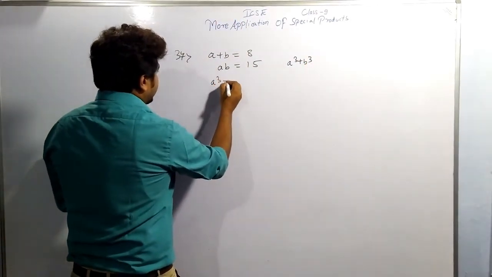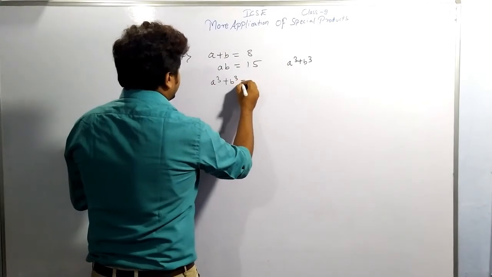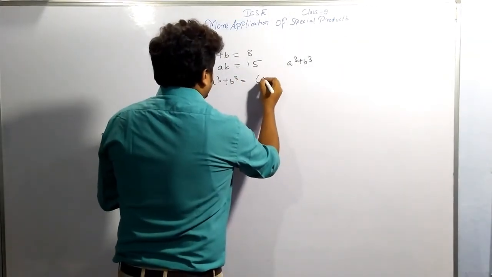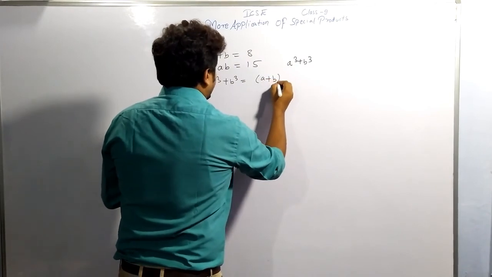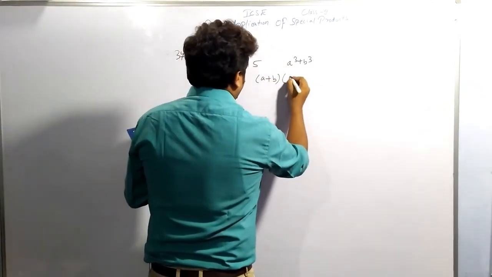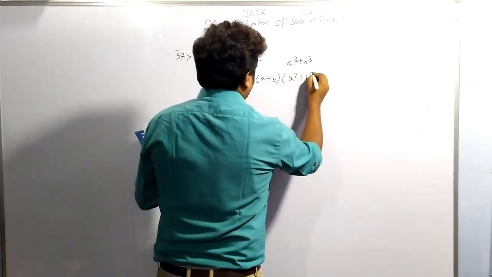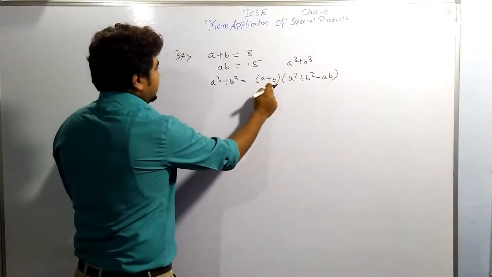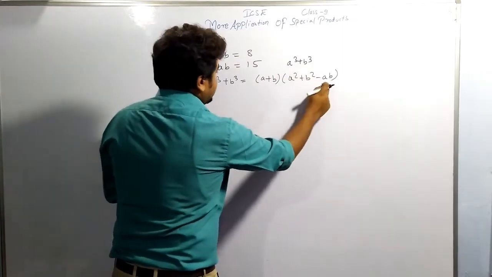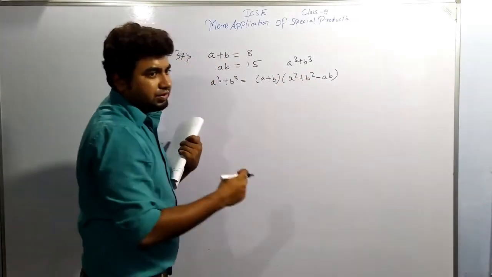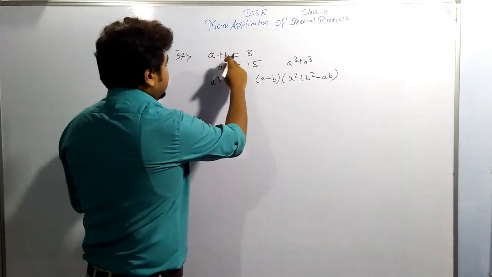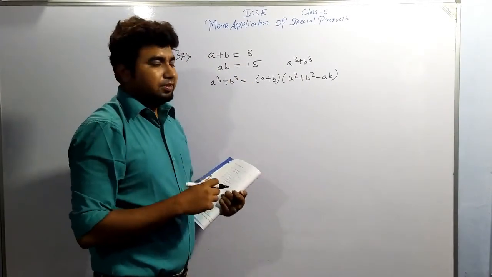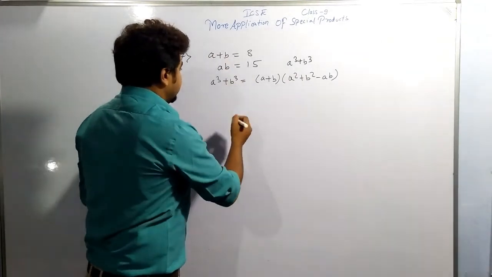For finding A cube plus B cube, we should know the formula. A cube plus B cube is A plus B into A square plus B square minus AB. Now we know the value of A plus B is 8 and AB value we know, but A square plus B square is unknown to us. Again we'll be doing from here, as we know that square of A plus B will contain the value of A square plus B square.